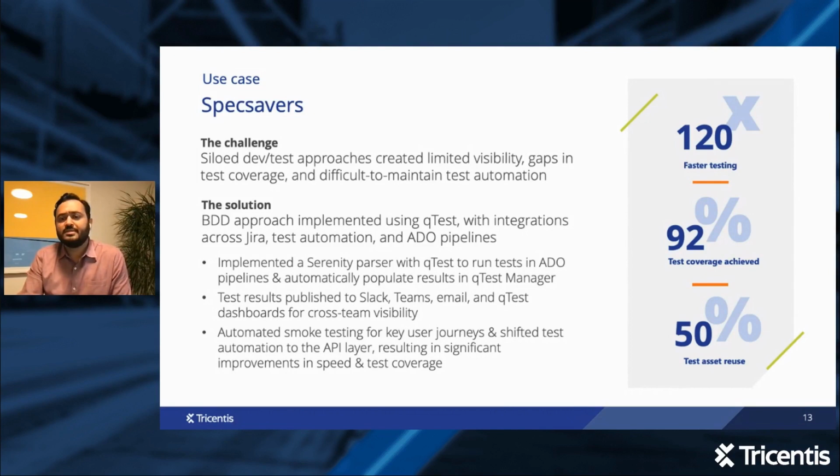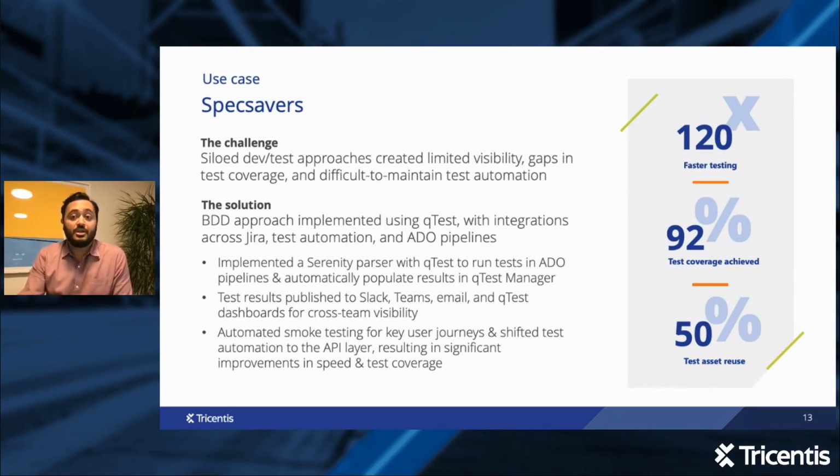Because it wasn't stored centrally, sharing and hand-offs were really quite difficult. However, it limited them from running all the tests that they could. They were also struggling with limited visibility into all these automated tests and also seeing the results for these automated tests, primarily because there was not a single source of truth.